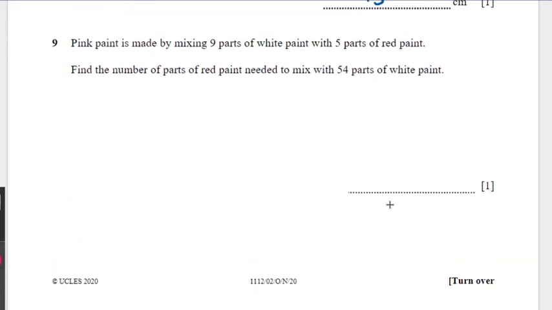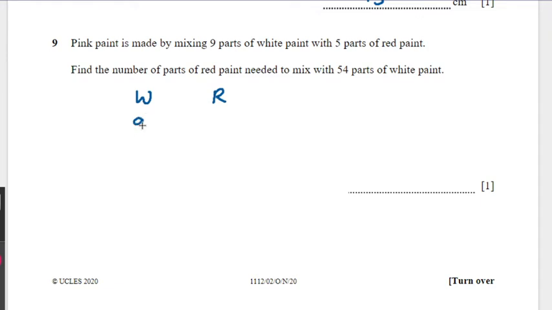Next, number 9. Pink paint is made by mixing 9 parts of white paint and 5 parts of red paint. Find the number of parts of red paint needed to mix with 54 parts of white paint. So this is actually ratio and proportion.